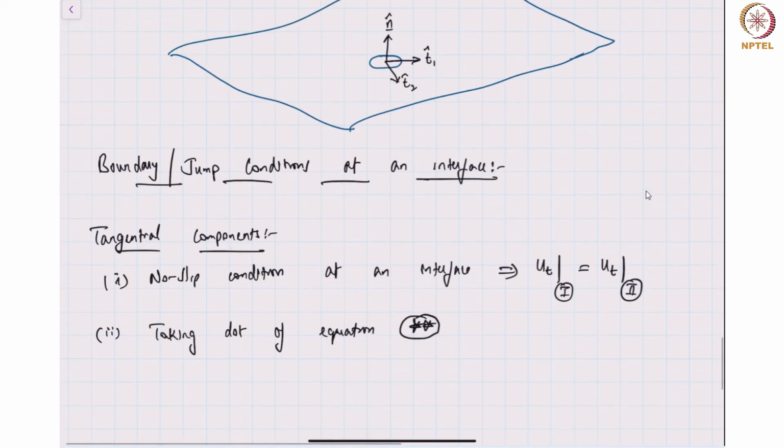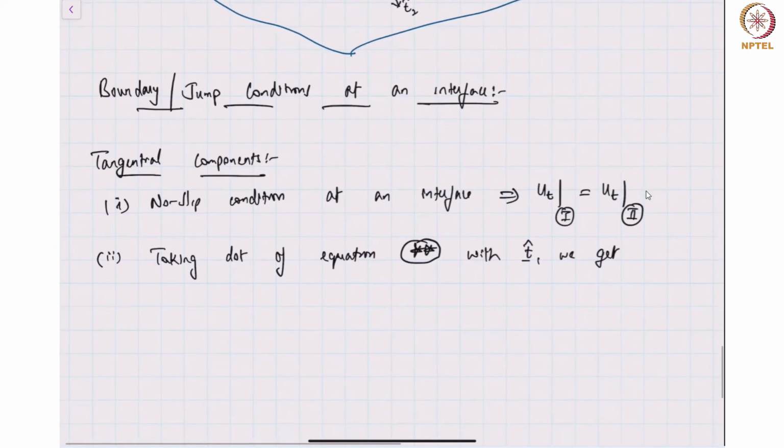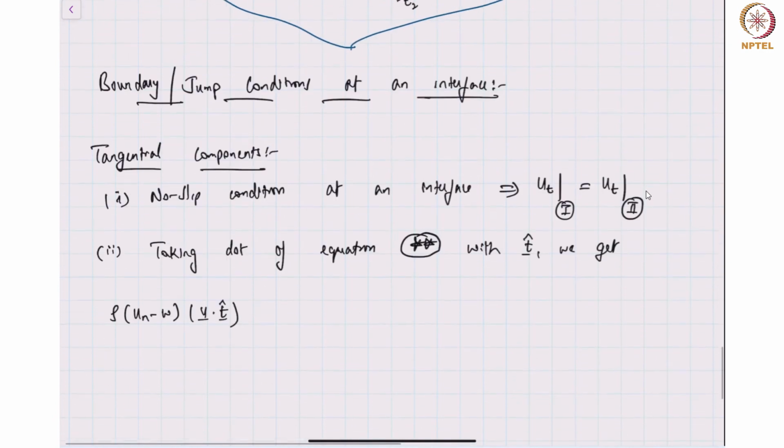We'll take a dot product of this equation with a tangent vector. This could be any tangent vector on the interface. What do we get now? We will take rho (u_n minus w) of u dot t. That's the first term.